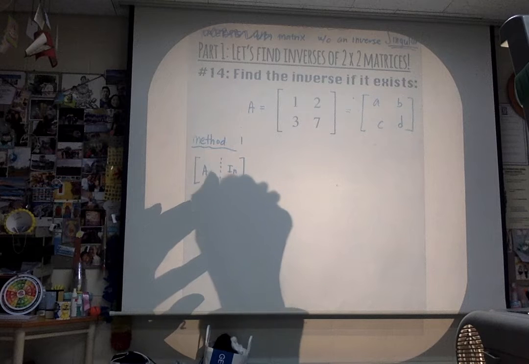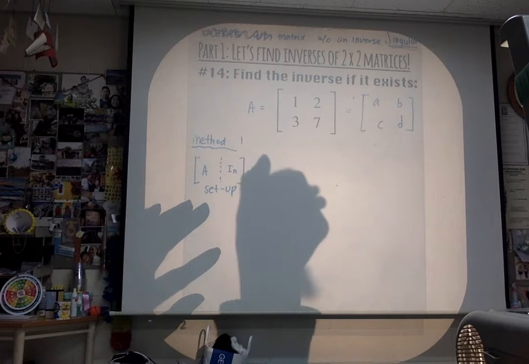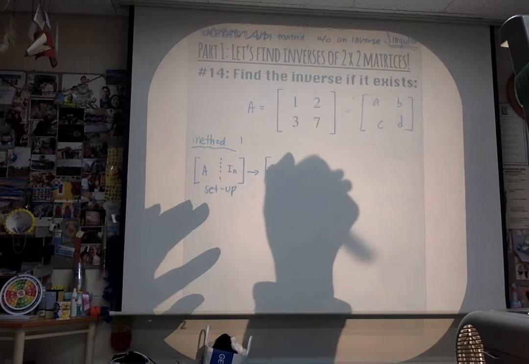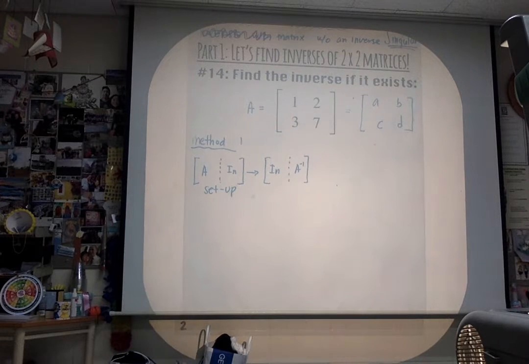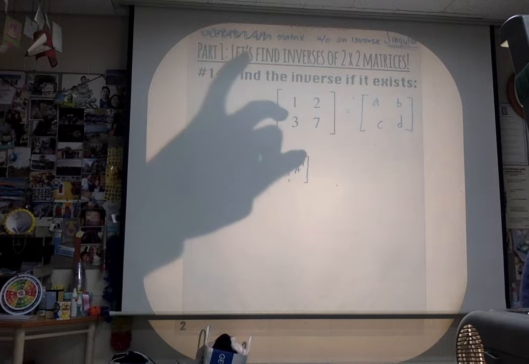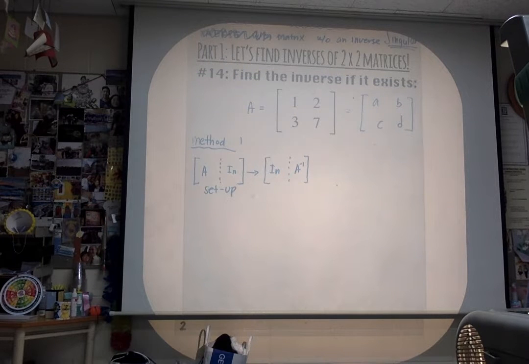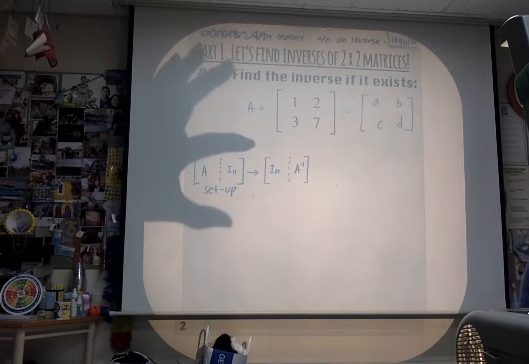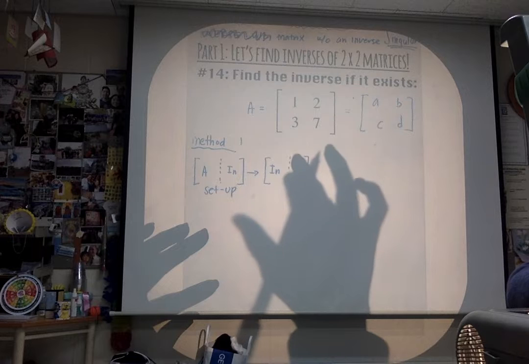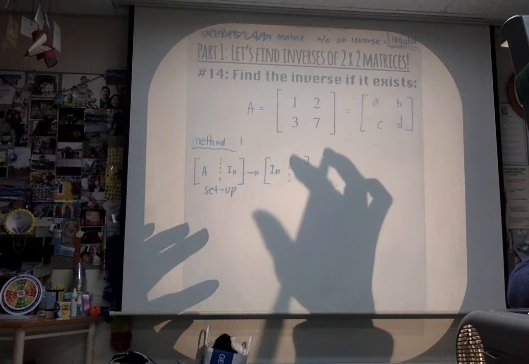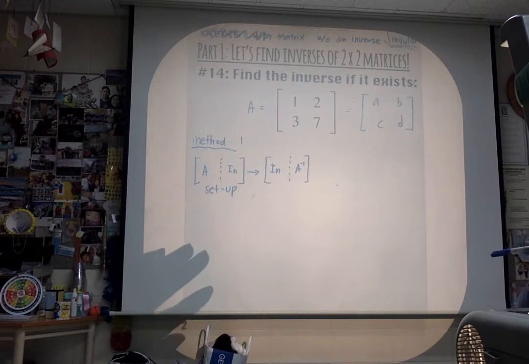This is your setup, but you're going to convert it to look like this, where your I sub n is here, and then your A inverse is going to be on the right side. You see how they swapped? Oh, so I know a lot of you guys are thinking, what is that really doing? You're right. It's sort of like the reduced row echelon form, except this side is not going to be just n by 1. Okay? All right, so let's try that.